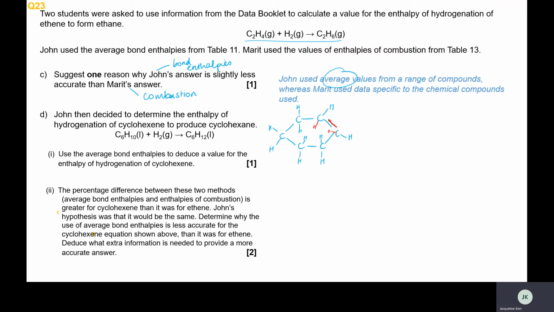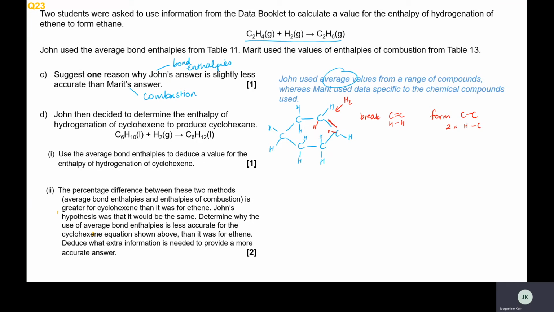That's actually exactly the same as what we did in the last question. So you would break a carbon-carbon double bond and you would have to break some hydrogen gas. That's where the hydrogens came from. And you would form a new single carbon-carbon bond and two carbon-hydrogen bonds.